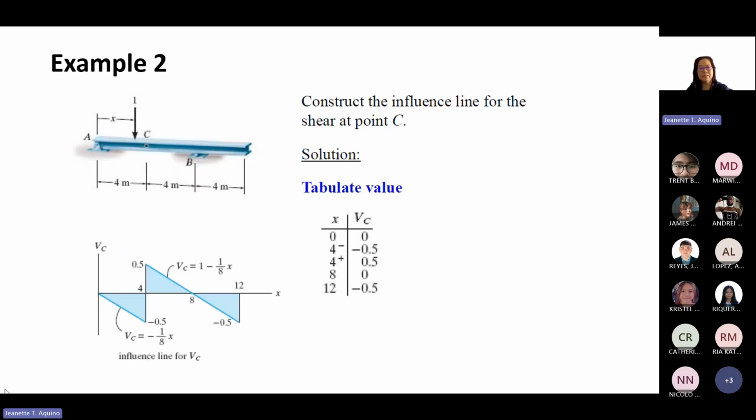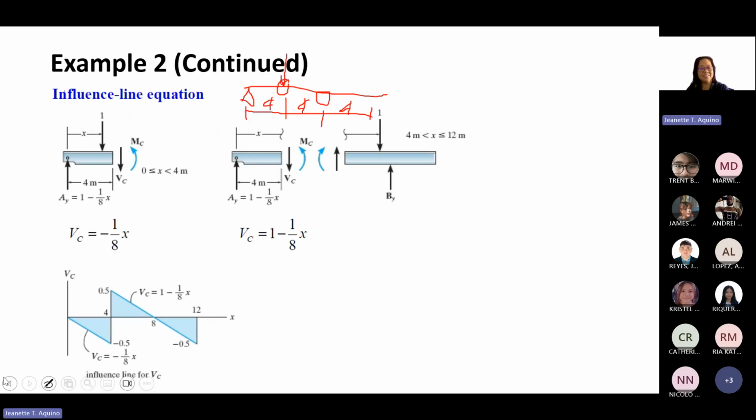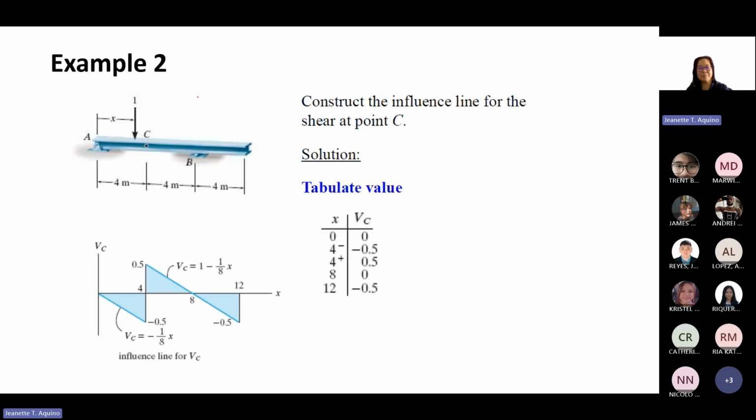Take the moment. We solved first the reaction AY.